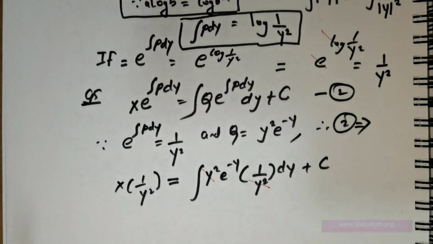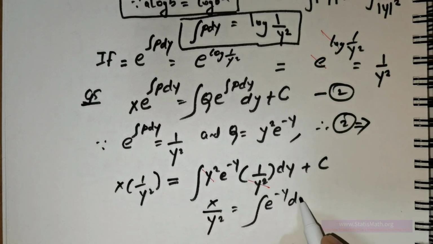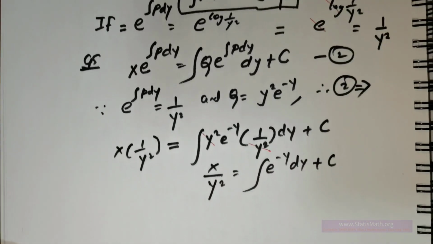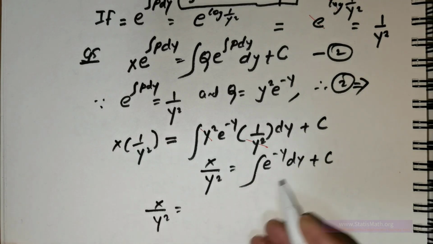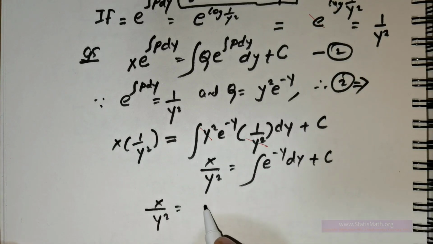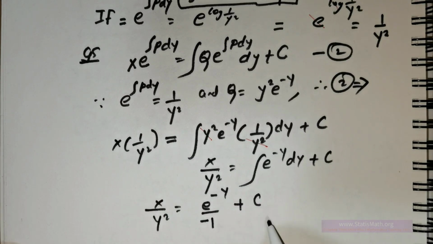Clearly the y squared that we see here can be cancelled, giving me x over y squared is equal to integral e raised to the power negative y times dy plus arbitrary constant c. This is x over y squared is equal to, if you were to integrate, e raised to the power negative y, the coefficient of y is negative 1, so divide by negative 1, plus arbitrary constant c.